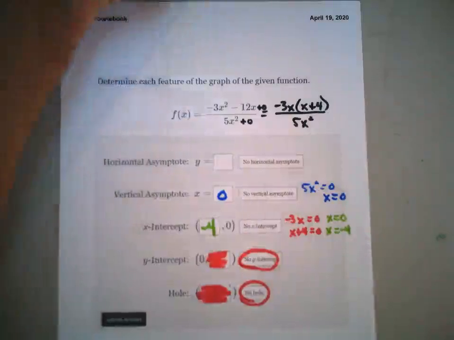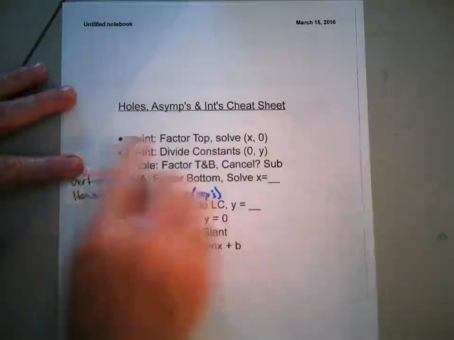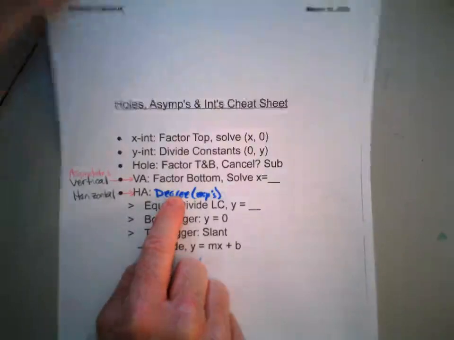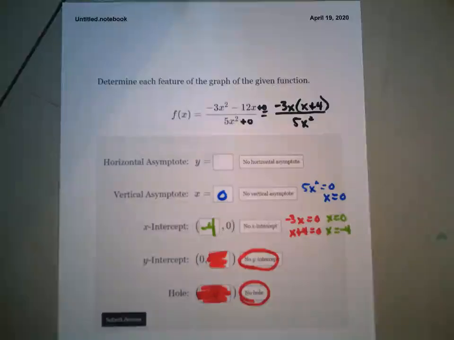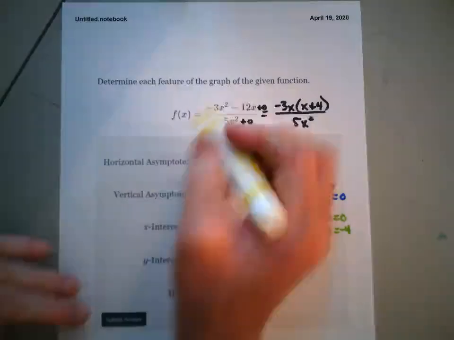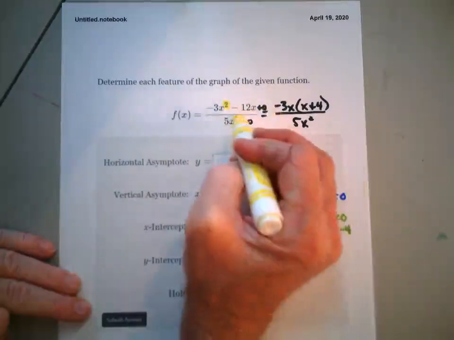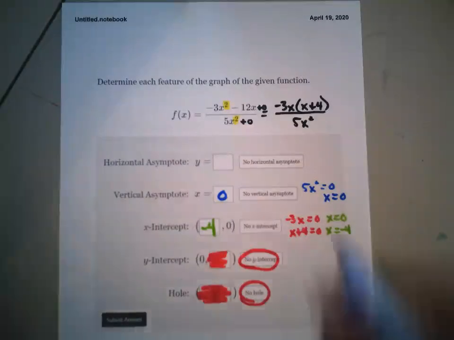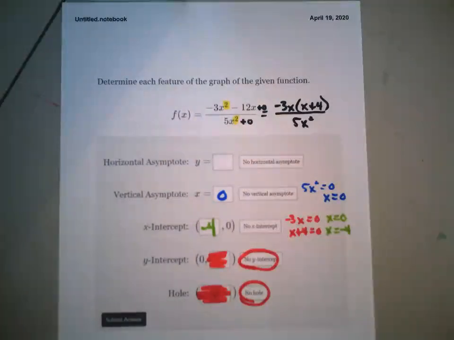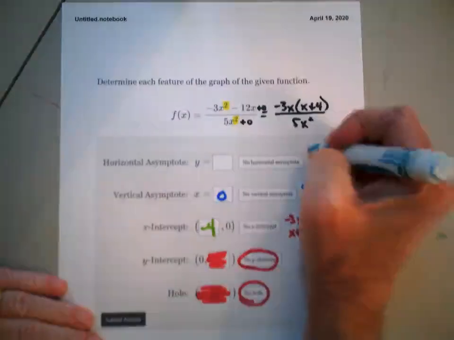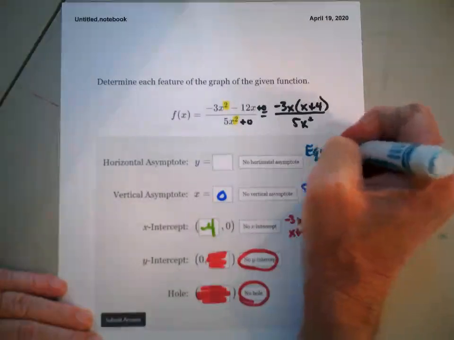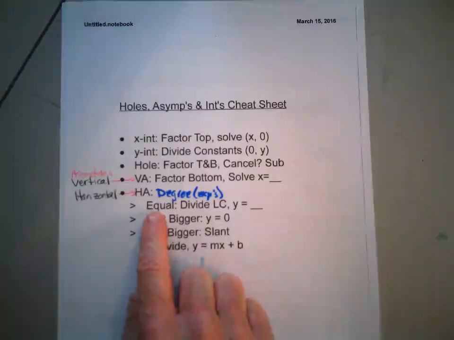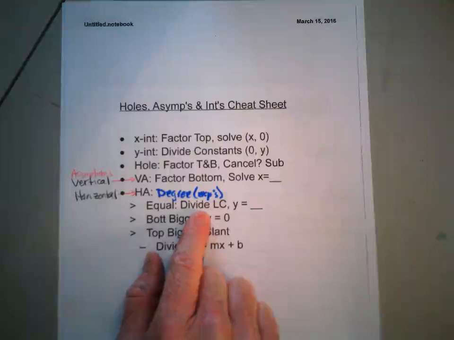And finally, for the horizontal asymptote, we got to check out the degrees. There's nothing canceled here on the problem. The degree on the top is 2. The degree on the bottom is 2. So our degrees are equal. Okay. So if we have equal degrees, then we're going to divide the leading coefficients.